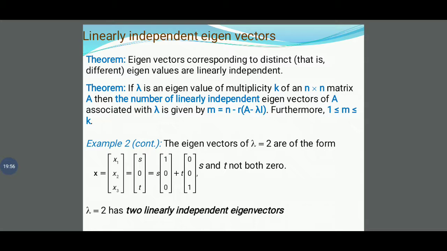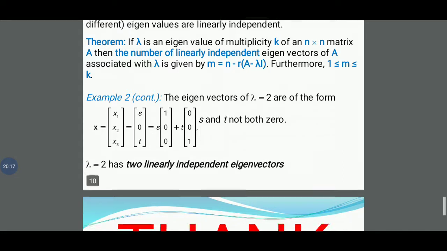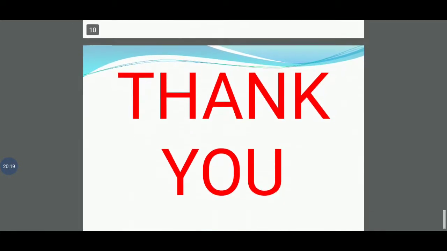Furthermore, the value of m lies between 1 and k. Let's consider a matrix whose eigenvectors for 2 are of this form, lambda equal to 2 has 2 linearly independent eigenvectors. Okay, thank you.